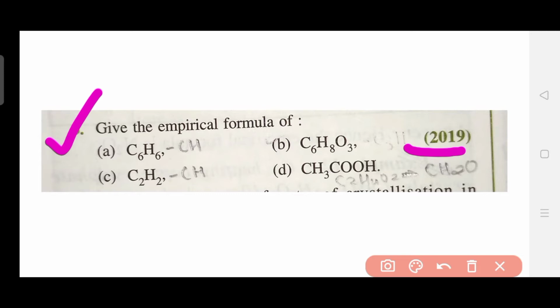This is a very easy question which you can expect from this chapter, and don't make any mistake in this kind of question because they are very easy. I don't think I need to talk much about this question. You can definitely answer this type of question very easily.